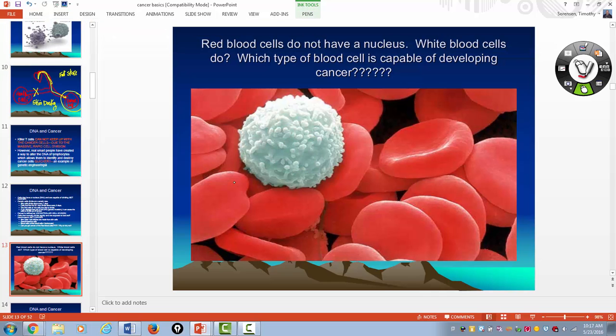But watch, when your cells start making goofy proteins, white blood cells are programmed to attack them and destroy them, right?